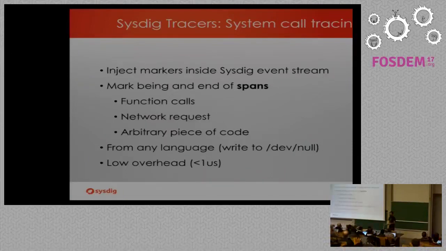So the idea is to inject markers inside the SysAdmins event stream. These marks can scope, they can mark anything. We can mark function calls in our code, network requests, any piece of code. You can do this from any language.